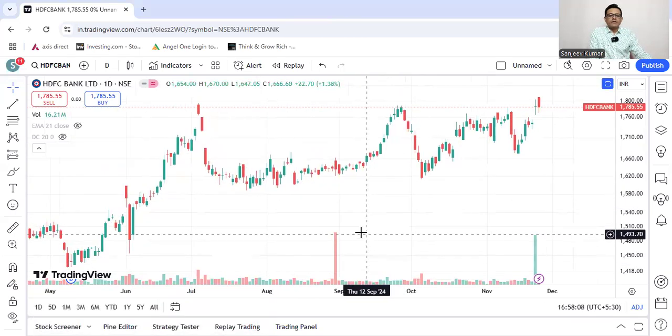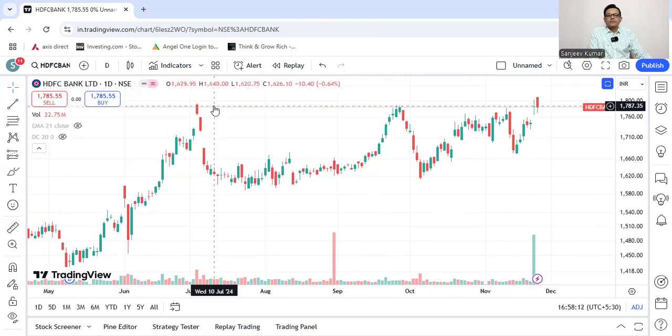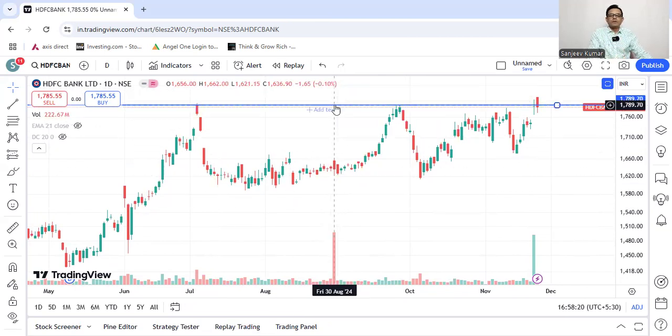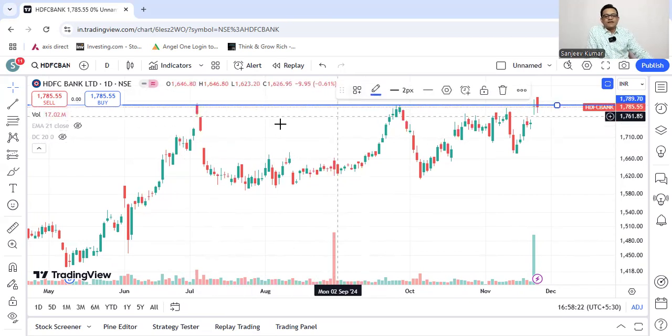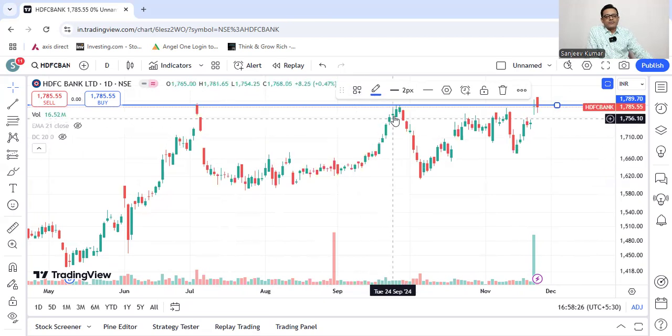Here is the place. I'm putting one horizontal line here. This is the resistance. The share price started moving upside, but from this place it started falling.